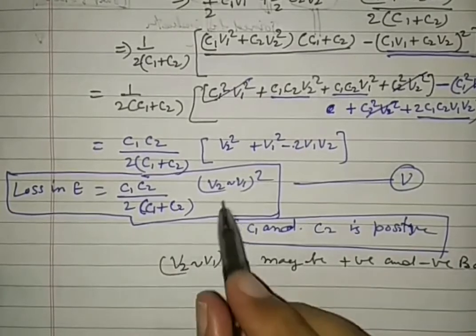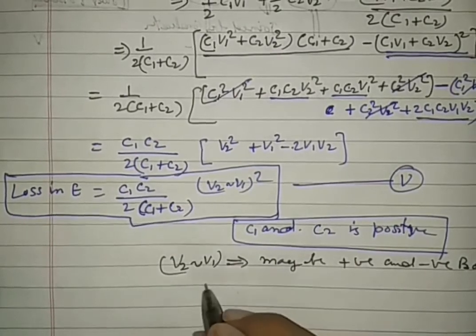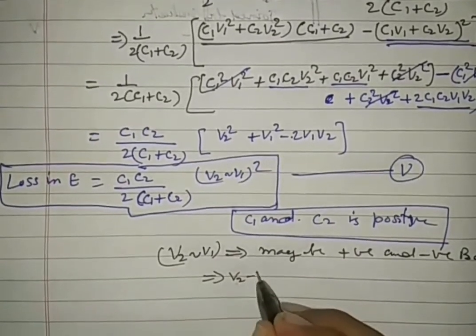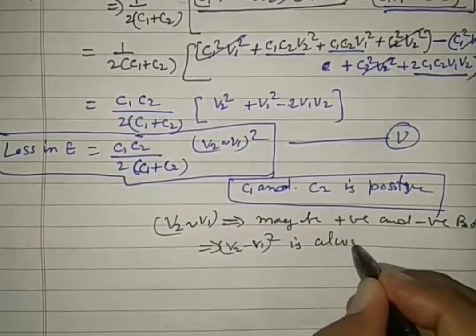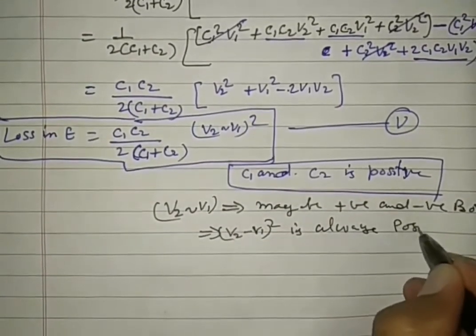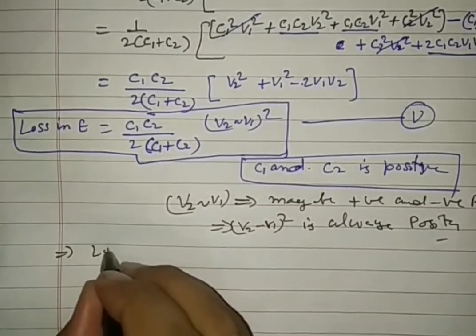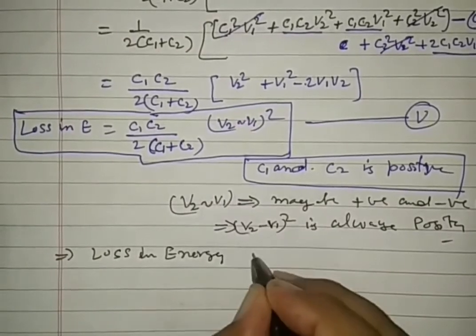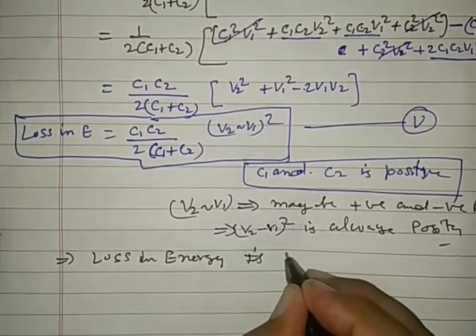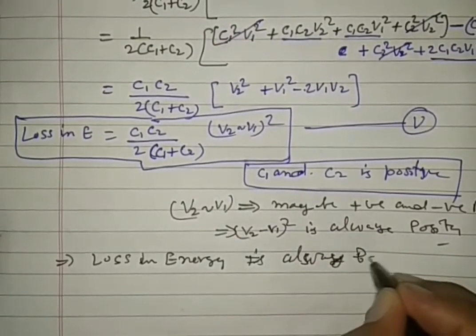If V2 is greater than V1, it is positive. If V2 is less than V1, it is negative. But V2 minus V1 whole square is always positive. This implies that the loss in energy is always positive.